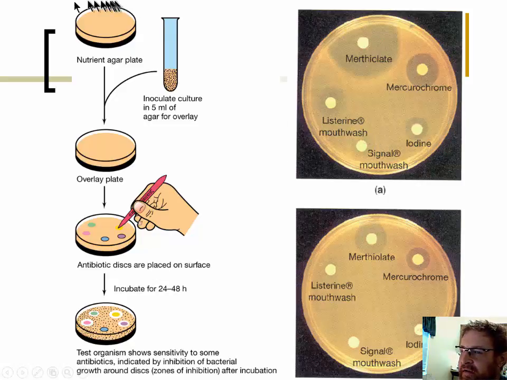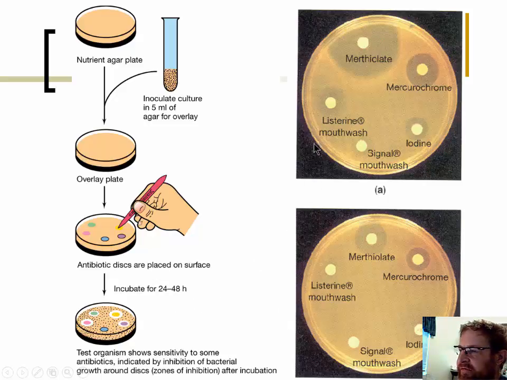But so you take a plate of nutrient agar, and we put 5 mLs of a culture of bacteria that are in something called top agar, which is a very thin agar, and so that makes a nice even layer over these cells. We then put little discs with the type of antimicrobial that we want on it, then incubate 24 to 48 hours, and you can see a clear zone whenever that compound is killed.